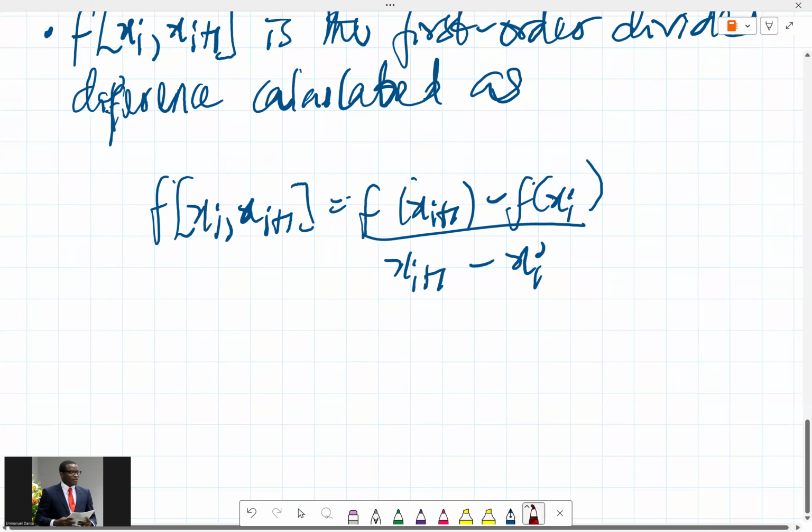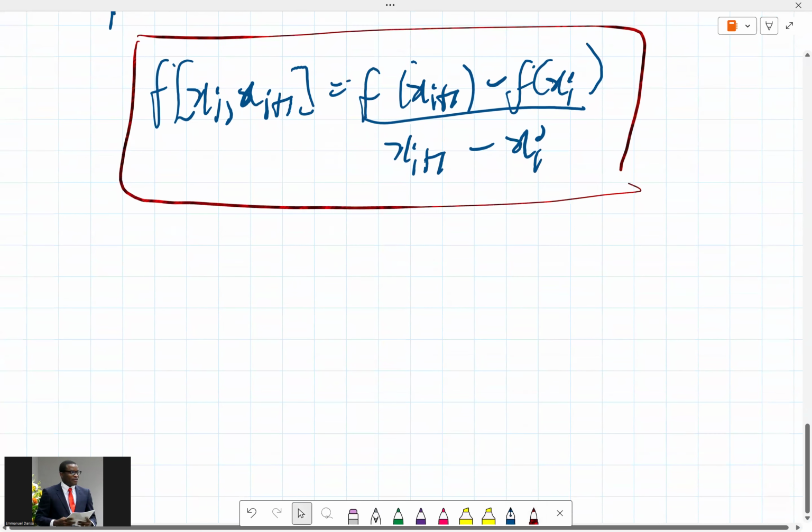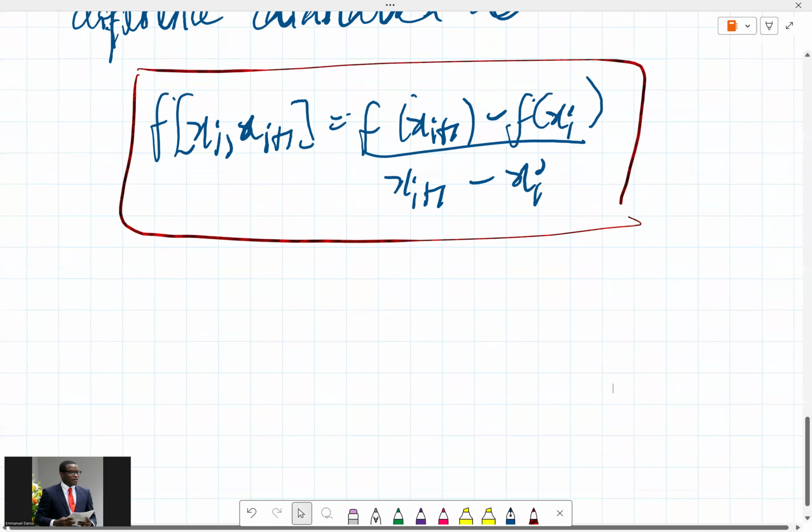That's an expression we're going to be using a lot. So that's the first order divided difference, and that's not all. We still have other forms.